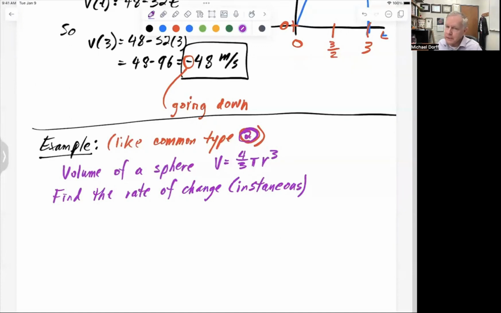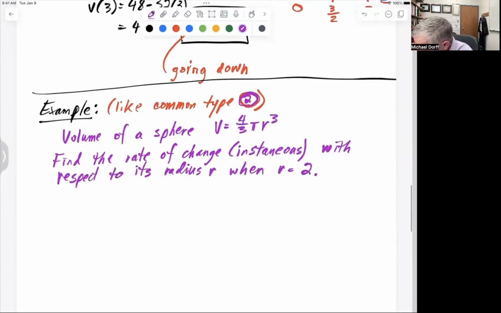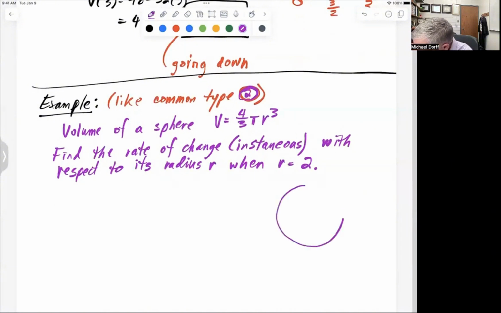If they do, it just means rate of change. Find the rate of change with respect to its radius, which is r, when r equals 2. So what this looks like is I have a sphere, a 3-dimensional circle. Here's my radius, and the volume is 4/3 pi r cubed.